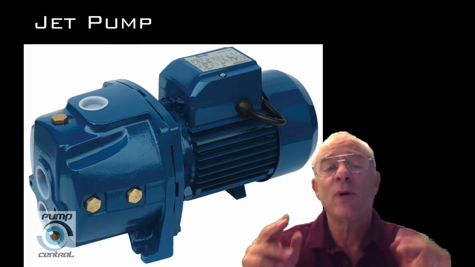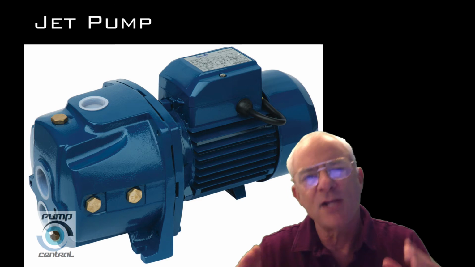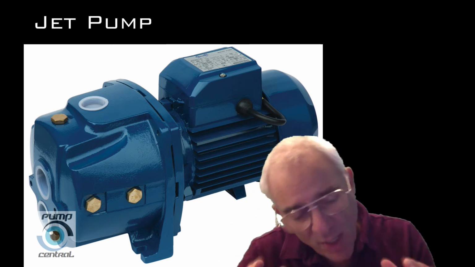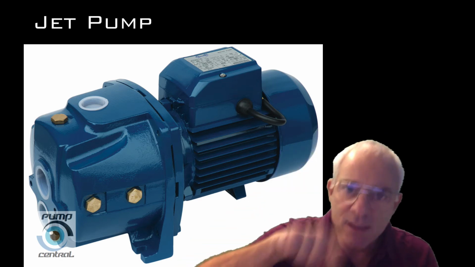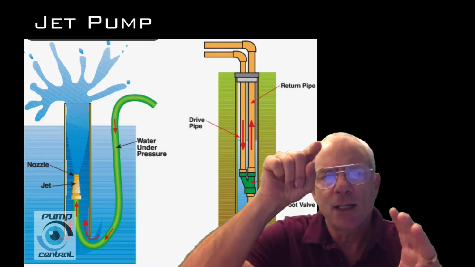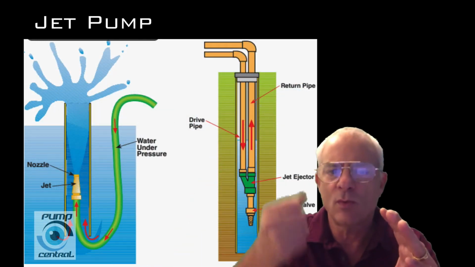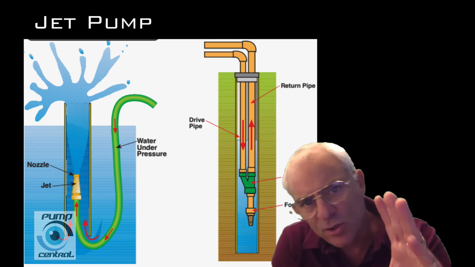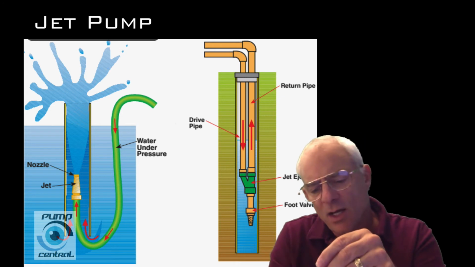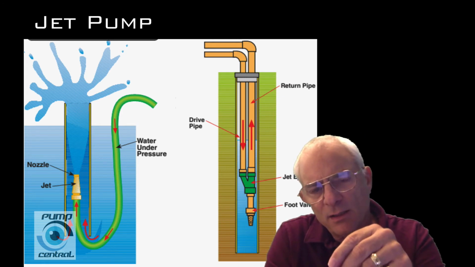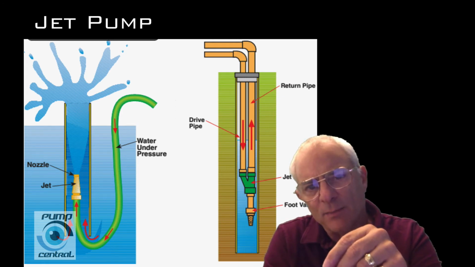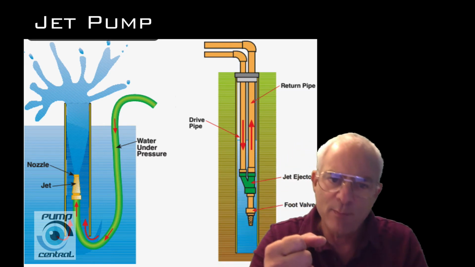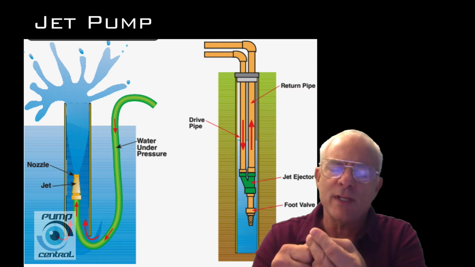And what jet pumps do, which is another variation of the centrifugal pump and variation of the self-priming pump, is they circulate water. And as they're shoving the water down, it makes a U-turn, and as it does, with a special inlet valve down in the bottom, it creates a vacuum and pulls water up with it.